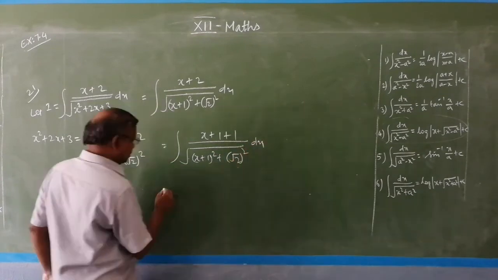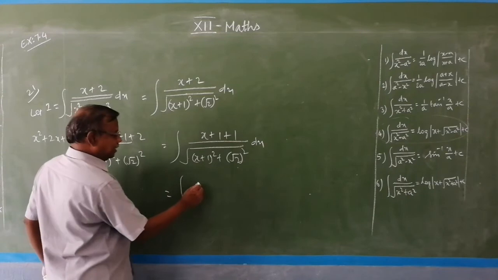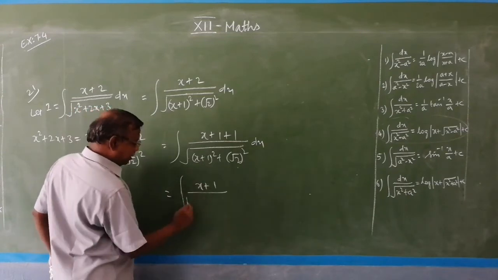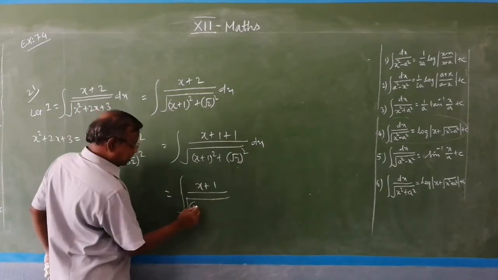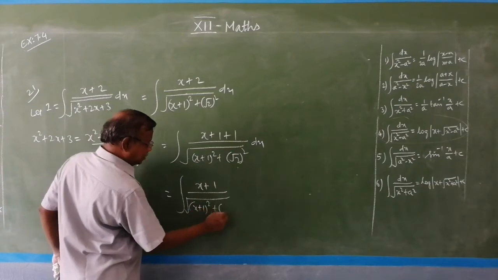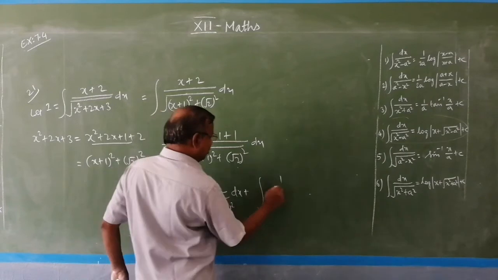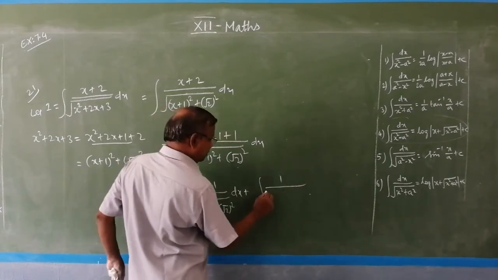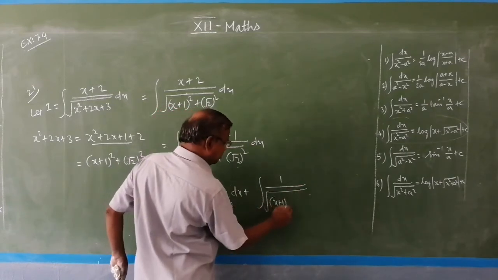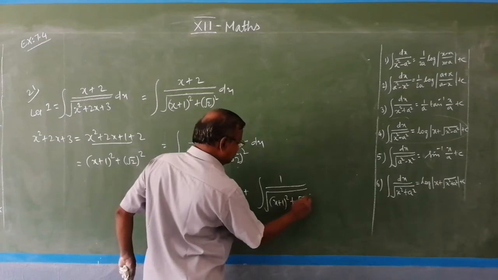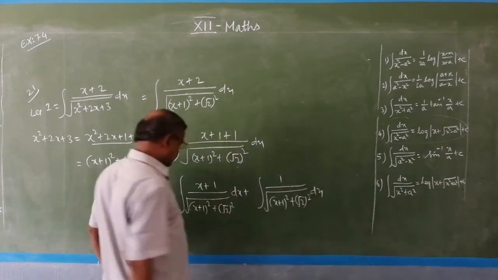So split into two terms. One is x plus 1 divided by root of x plus 1 the whole square plus root 2 square into dx plus integral 1 by root of x plus 1 the whole square plus root 2 the whole square into dx. For the first part you substitute.